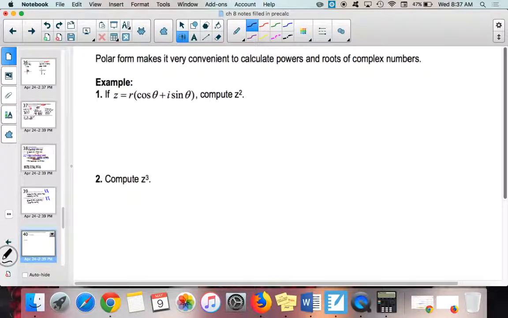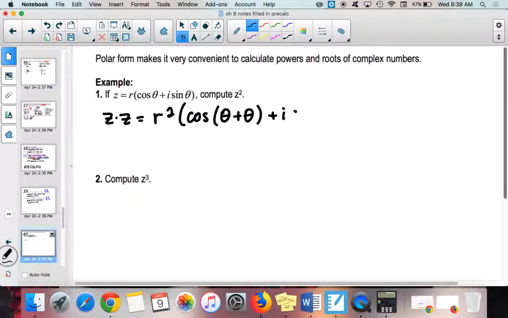So if I have z is equal to r times cosine theta plus i sine theta, think about how to find z squared. Well, isn't z squared just z multiplied by z? So what would happen then? I would have my r multiplied by another r, so it'd be r squared. What about my cosine of theta? It's going to be theta plus theta, right?